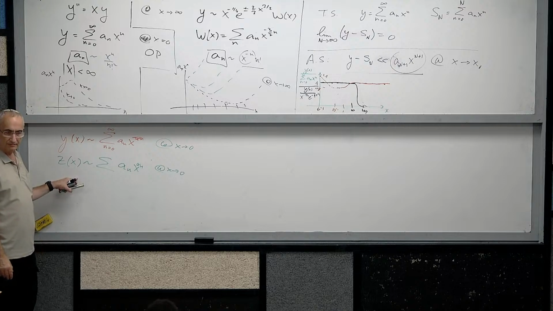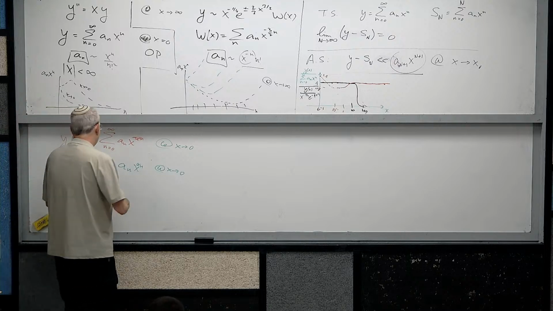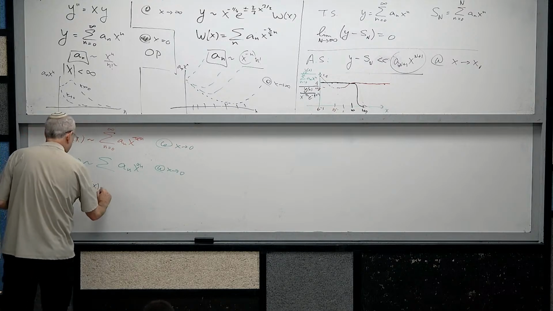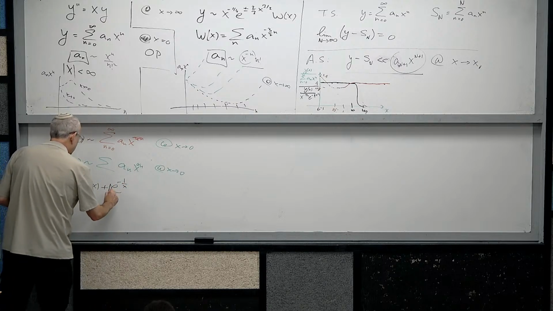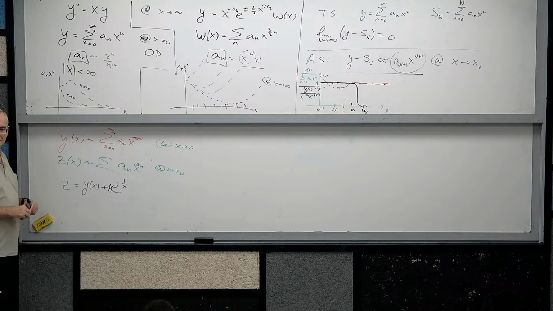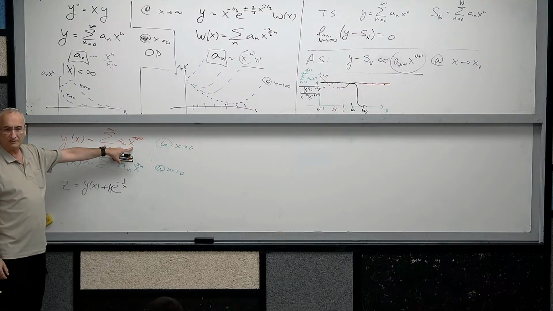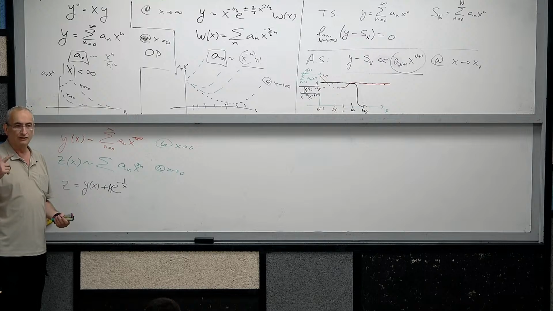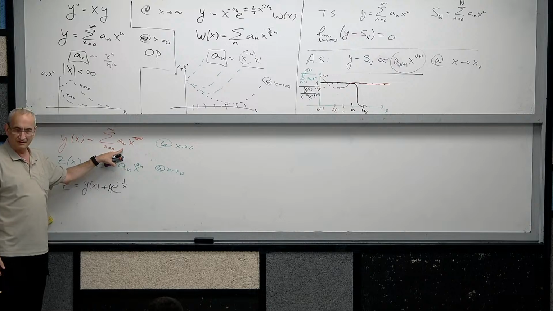Want a proof? To prove that, let's consider z of x to be y of x plus e to the minus 1 over x times a. E to the minus 1 over x does not contribute to the power series, because all its derivatives are 0 at 0. So it gives you no contribution to the power series.